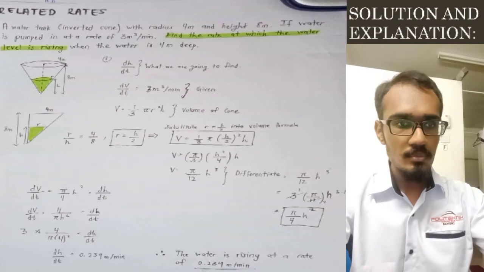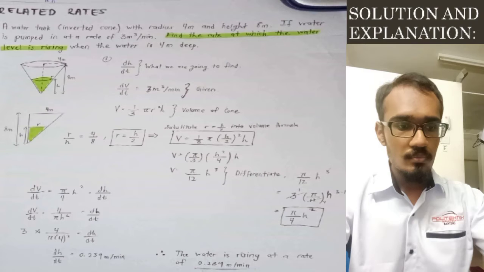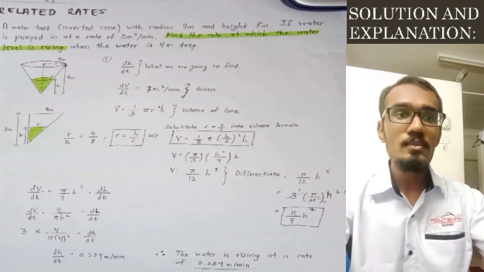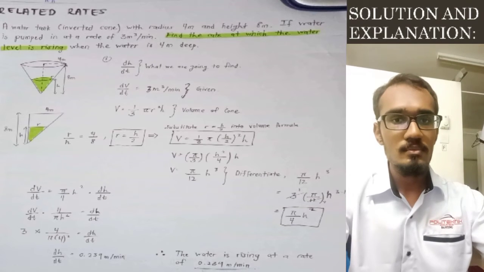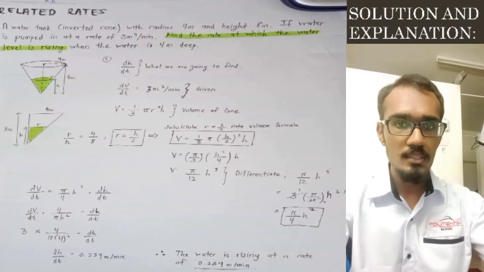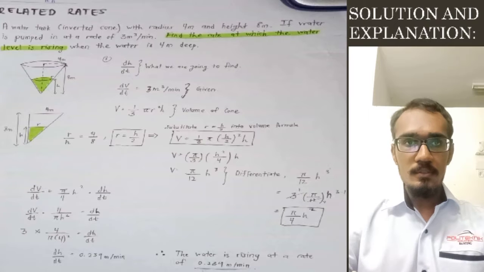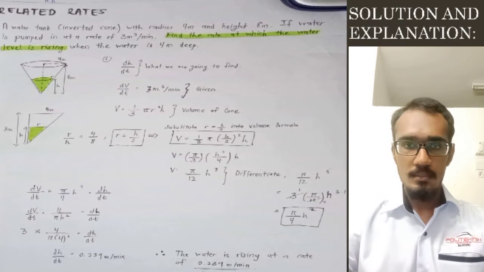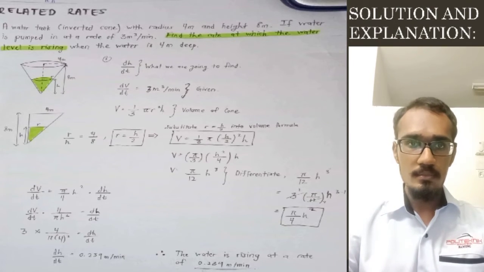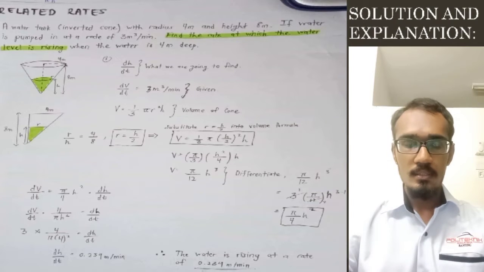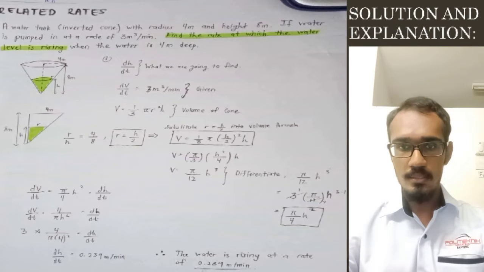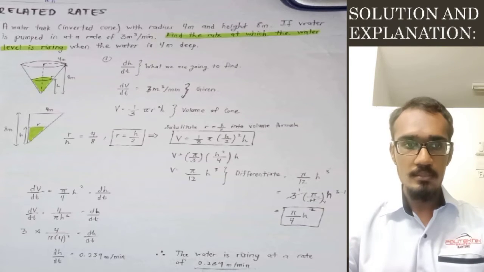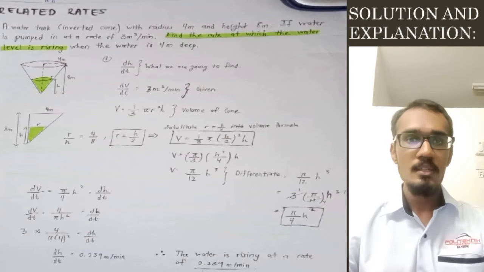At the end, we get V, the volume, equals pi over 12 h cubed, which is h to the power of 3. Now that we have all the values, we can substitute everything we have from the previous calculations into the chain rule formula.